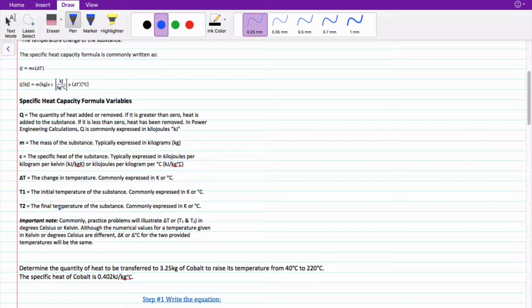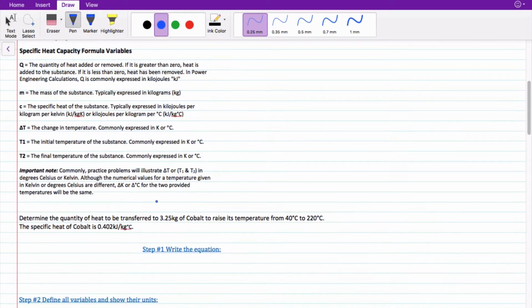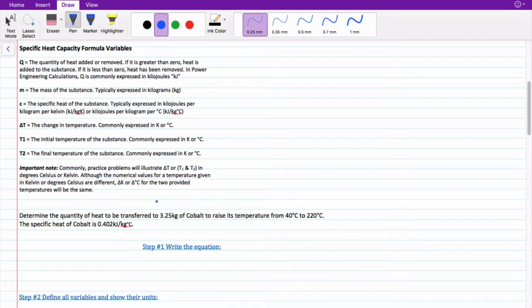T2 is the final temperature and T1 is the initial temperature. An important note: sometimes the temperatures are provided in degrees Celsius or Kelvin. As long as both are in the same unit, it makes no difference to your final temperature change.